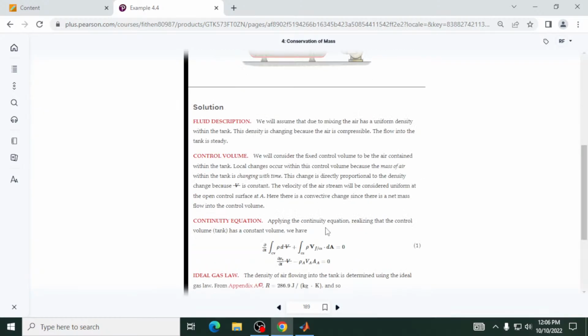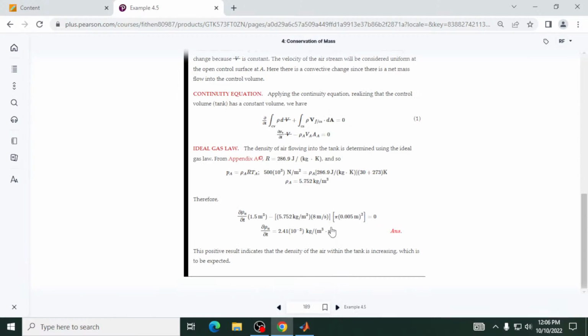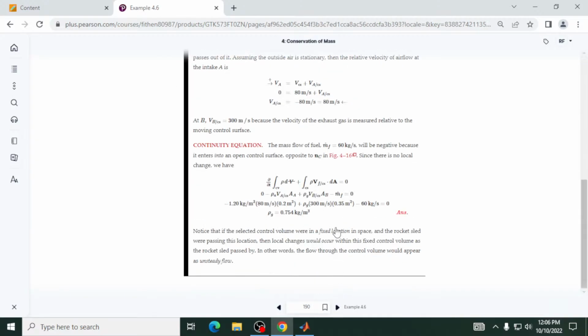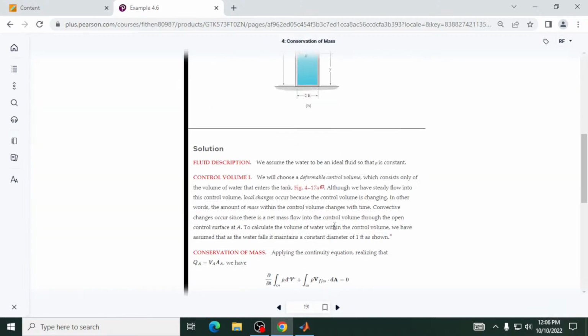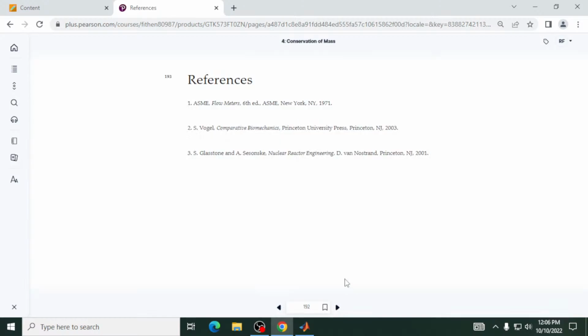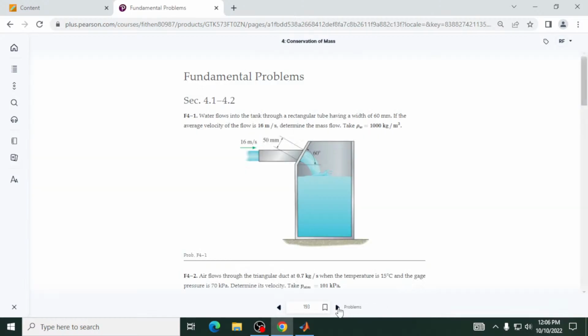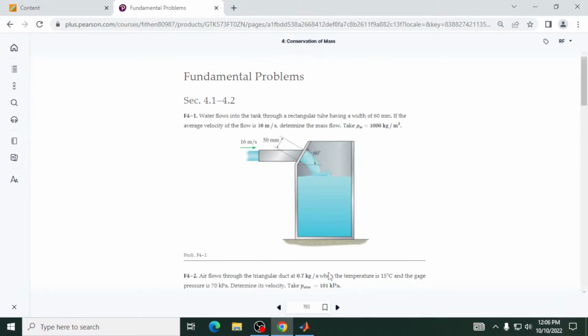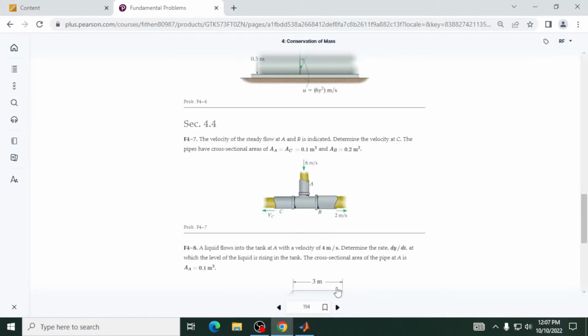Look at the examples, but I'm going to go to the problem sets. There's a lot of examples. Okay. I don't know the difference in the fundamental and the non-fundamental problems.